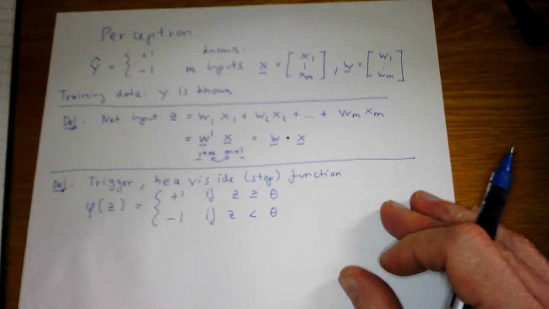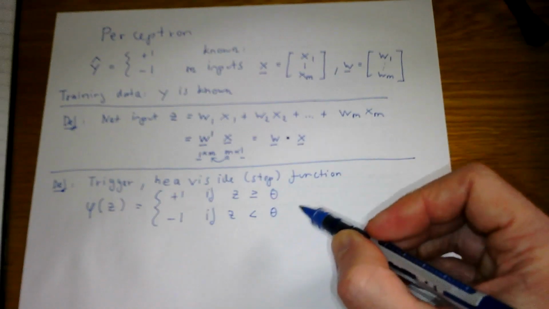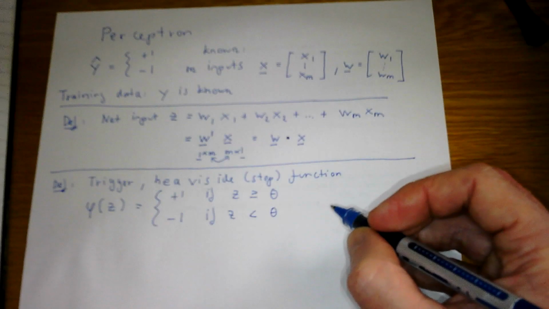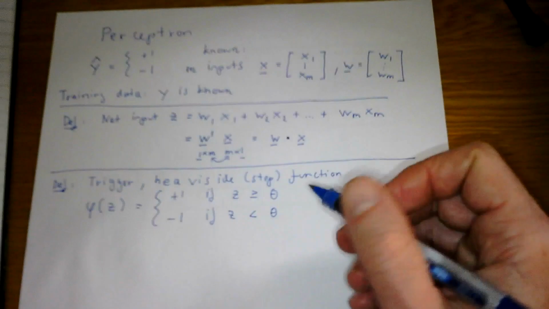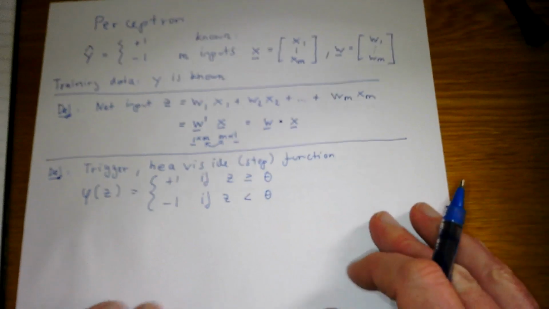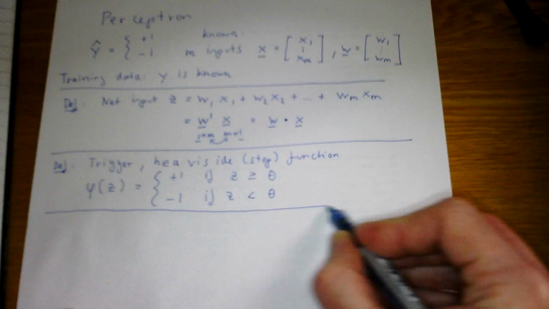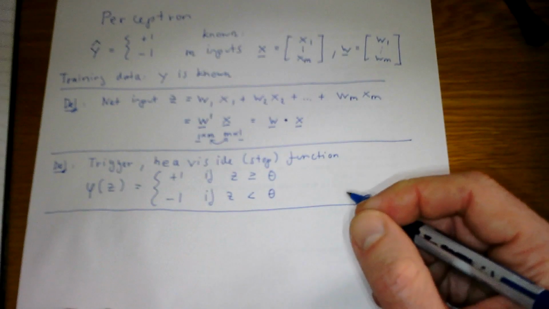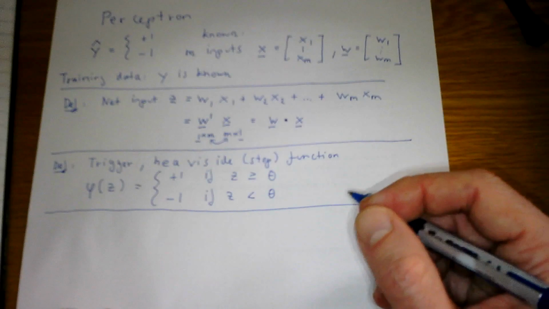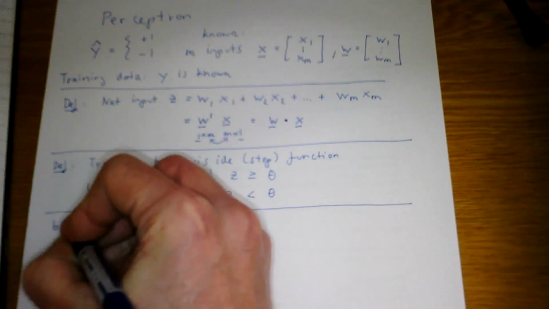Now theta is a level which we don't know initially, and it's basically what you might describe as a threshold level, which is not known at the beginning. It is a common convention in this algorithm to set the threshold equal to 0, and this is done using a so-called bias unit.